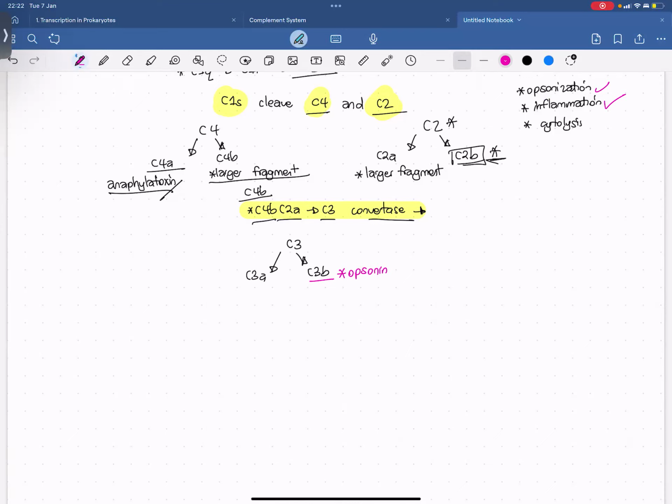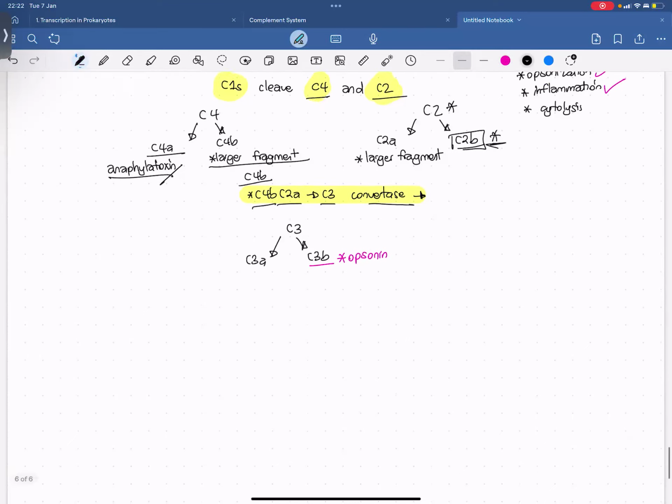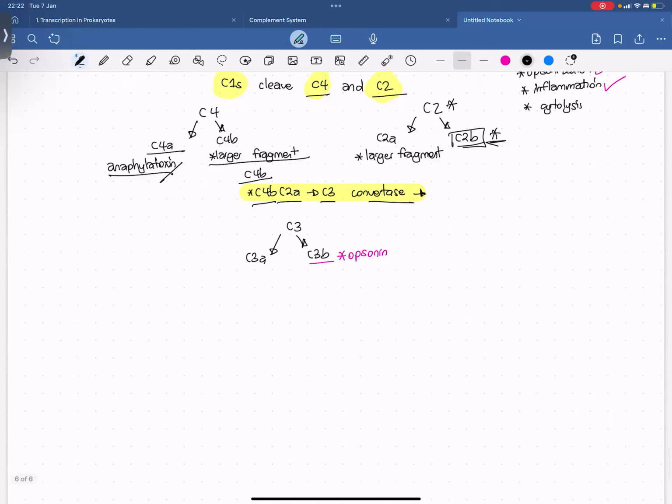So what's going to happen next? C3b is going to combine with those that we formed up here. This is now an anaphylatoxin, C3a. Remember we said it was one of them. So these ones are going to combine plus C3b.